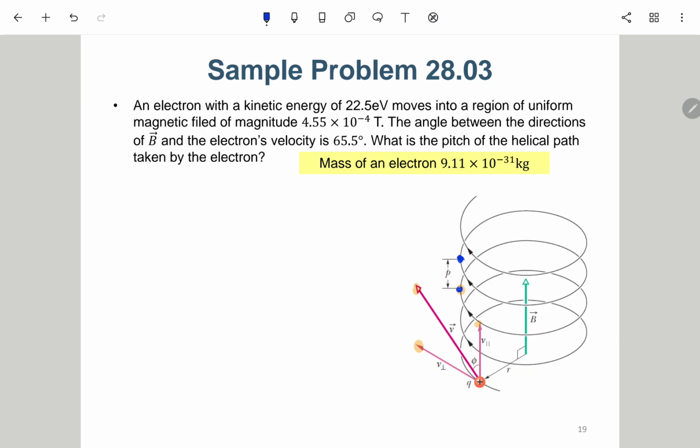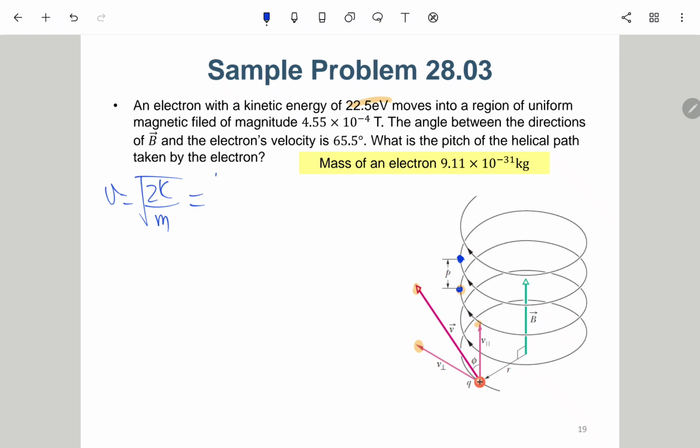Okay, so here what we need to find is the velocity first, because at the beginning we only know the kinetic energy. So V equals square root of 2K over m.